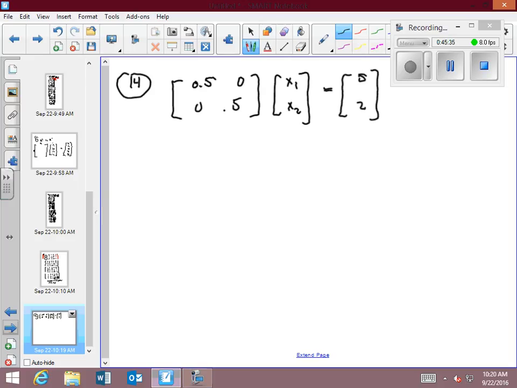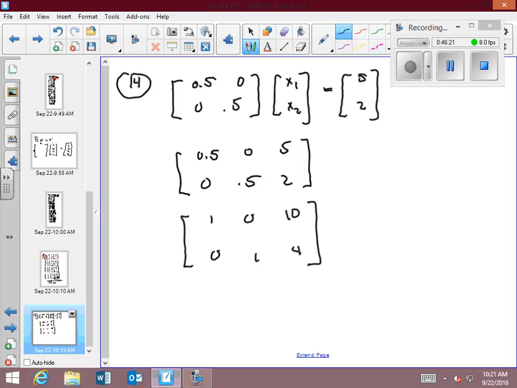So we can augment it. Then we'll find the x1 and x2. You have to double this to make it 1. So that's saying that the x1, x2 is 10, 4. And so that's just doubling it, or halving it.